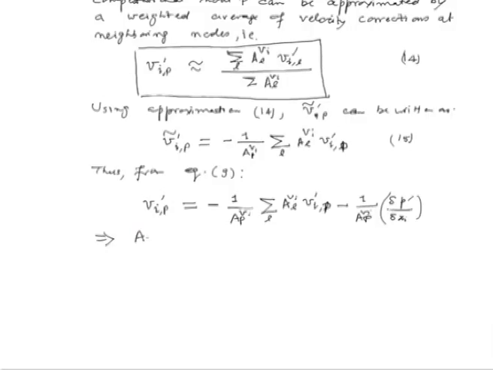So, we get APVI plus sigma L ALVI times Vi P prime is equal to minus delta P prime over delta Xi.